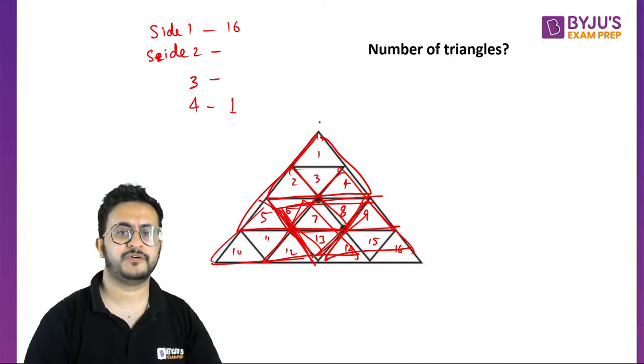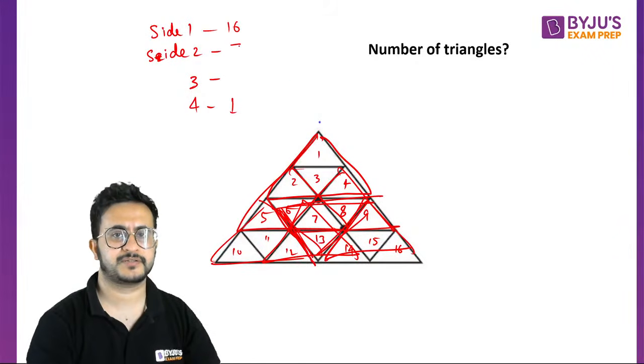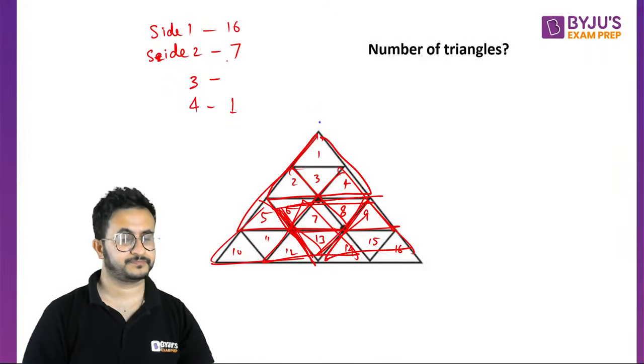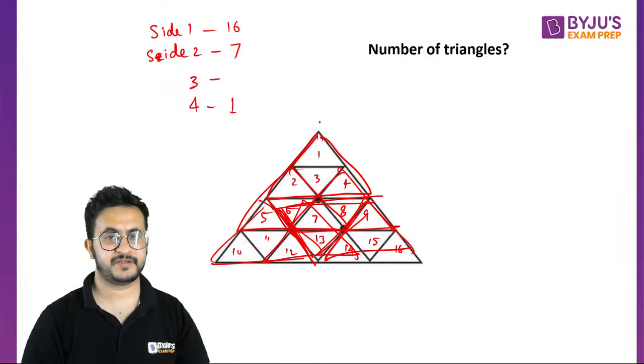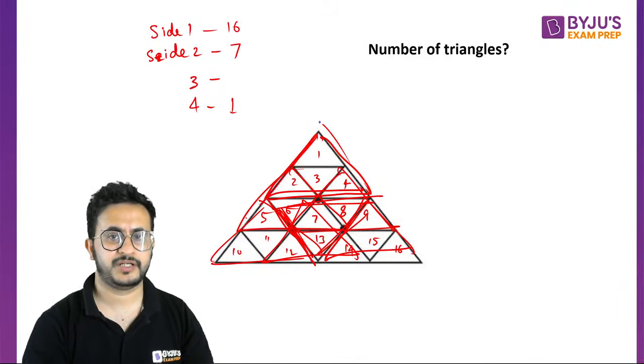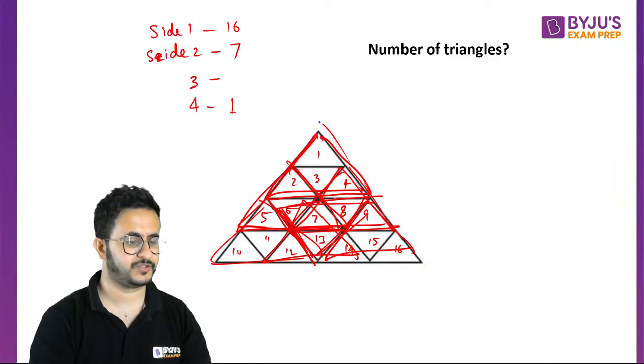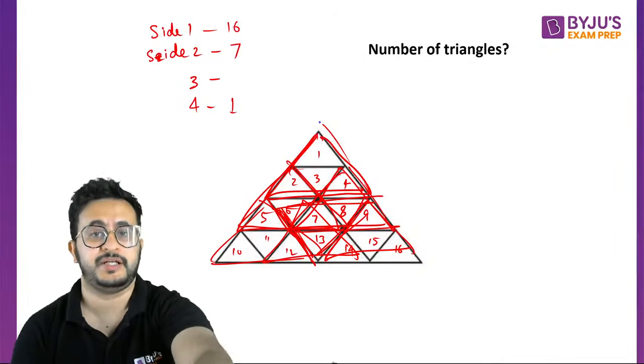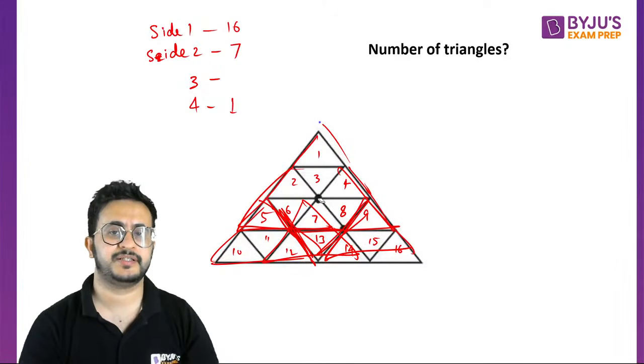So there are a total of 7 such triangles. Okay. 1, 2, 3, 4. Right. Then we have 2, 5, 6, 7, 4, 7, 8, 9, and 3 on this space, and then 1 inverted. So 7. Okay. Let us count the triangles with side 3.